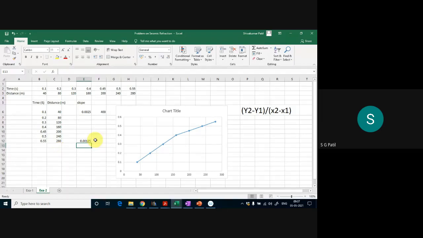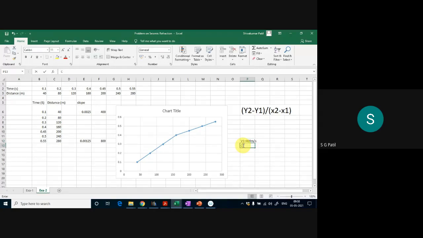The inverse of this slope will be my velocity, equal to 1 upon its slope. So what is v1 I got? 400 meters per second.